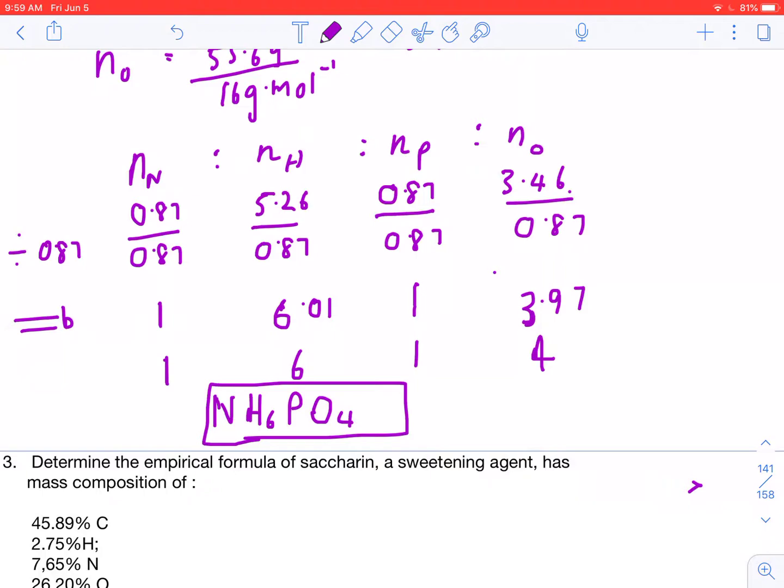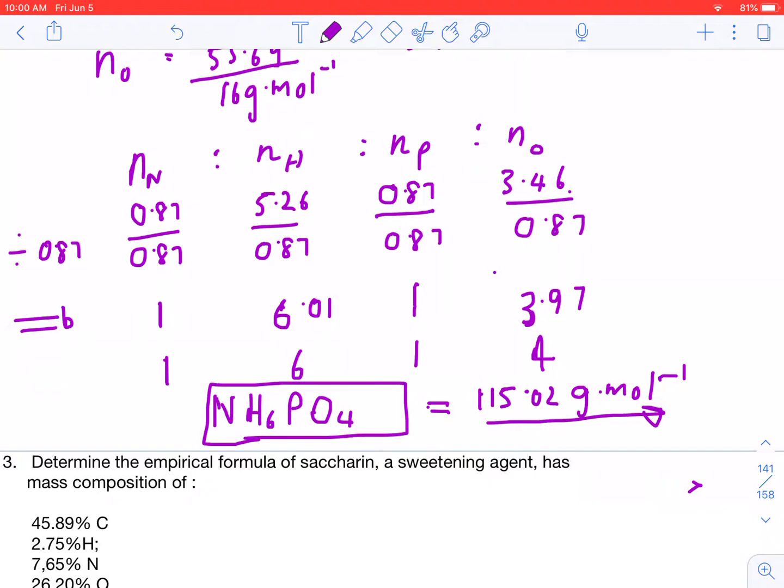But you can also verify it, because you can work out the molar mass of NH6PO4. The molar mass of NH6PO4 is equal to 115.02 grams per mole. That is the molar mass of this fertilizer. If you want to determine the mass of nitrogen in this compound, you work in reverse, because there's the total mass.